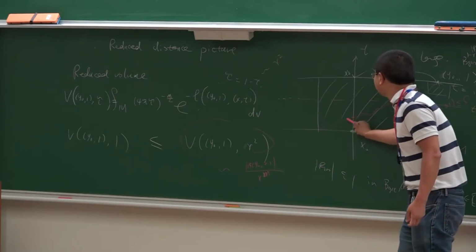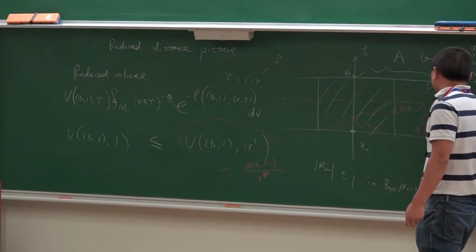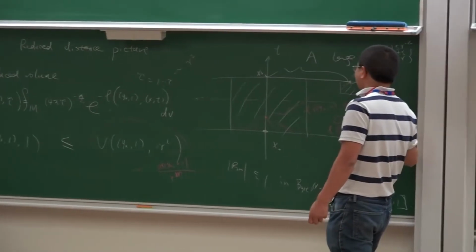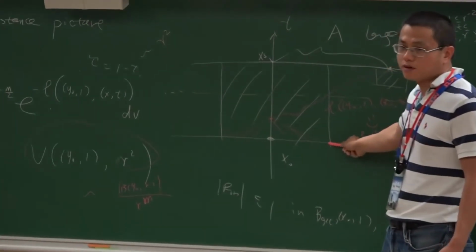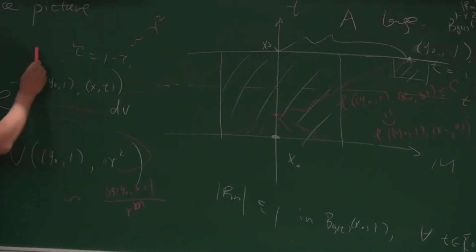Okay, so that gives you a bound of the reduced distance everywhere, bounded from above by C. So this will be bounded from below by 1 over C. That means this will be bounded from below by 1 over C, some universal constant, times the volume of B(x0, 1) at g0.